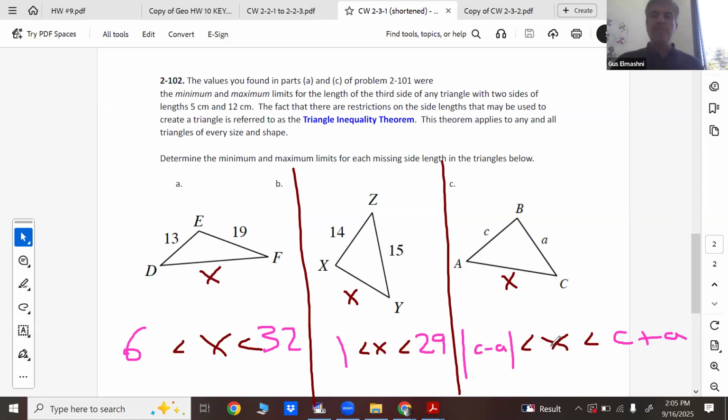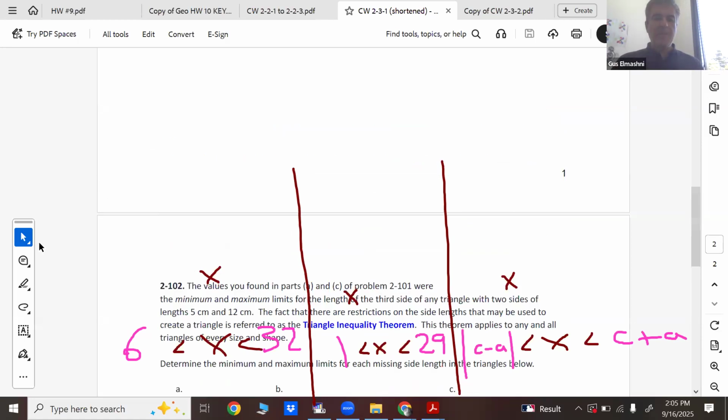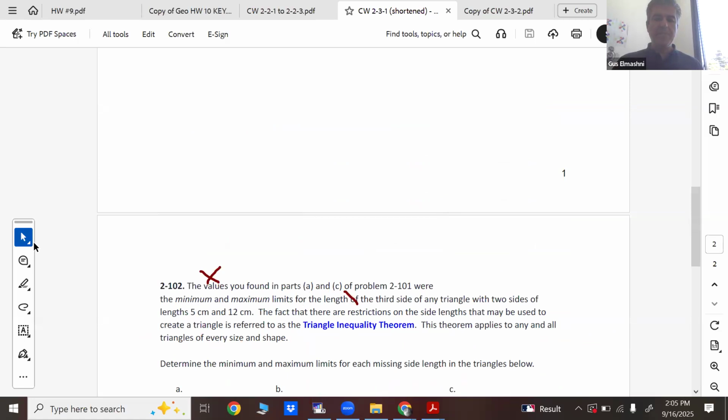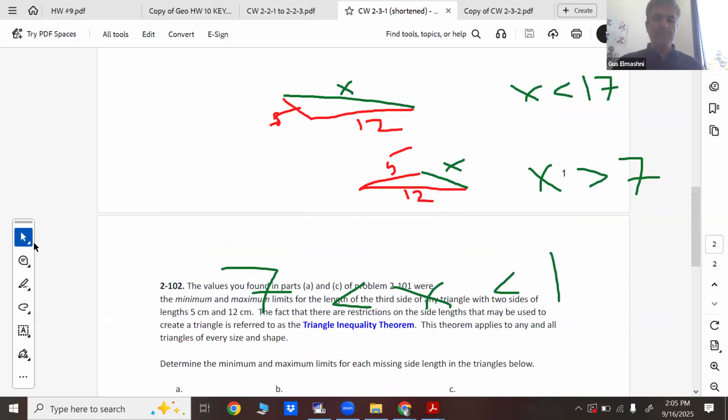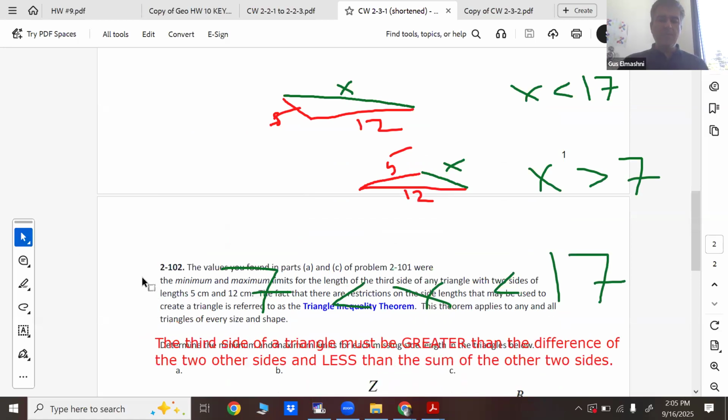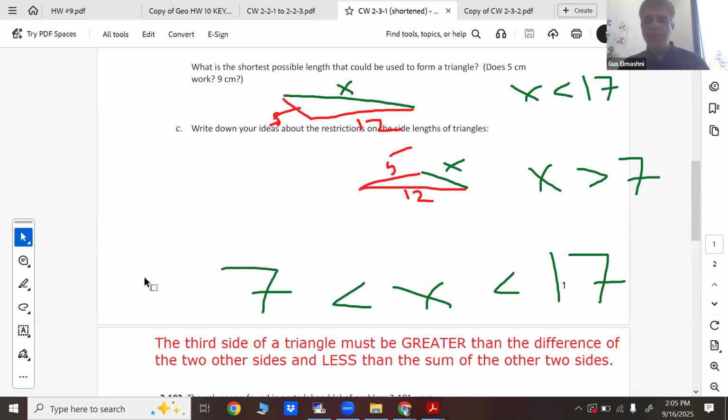And actually, that definition I gave earlier on the previous page, let me backtrack a little bit here. Please add this to your notes: greater than the positive difference.